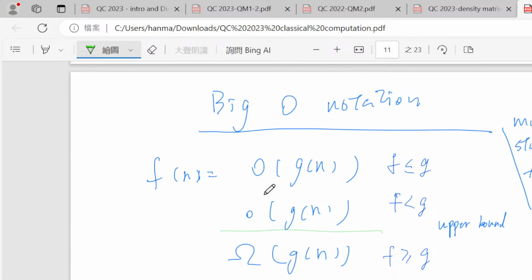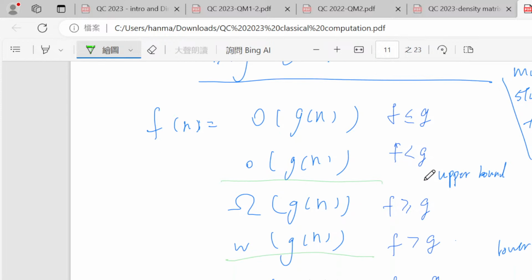Roughly, f of n equals big O of g of n means f is less than or equal to g as n goes to infinity, and small o means f is less than g. So these mean that g is an upper bound of f.